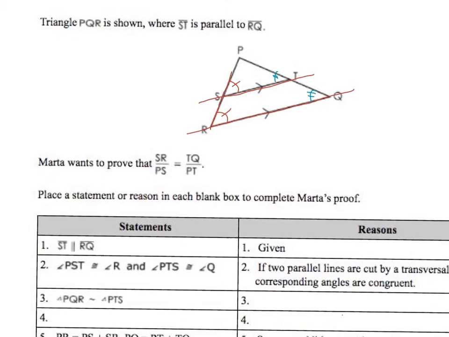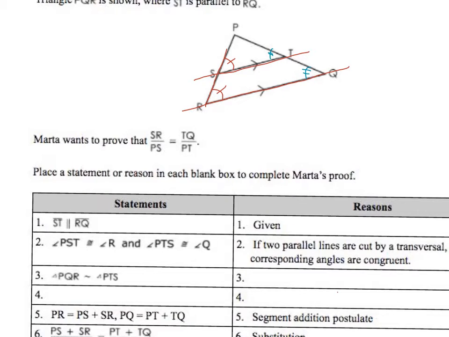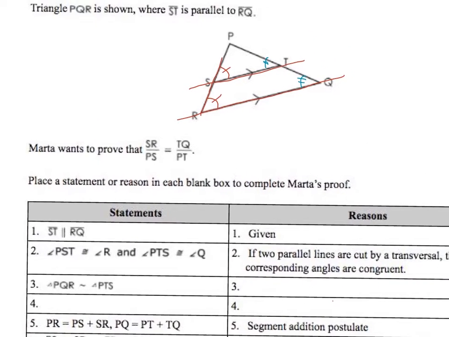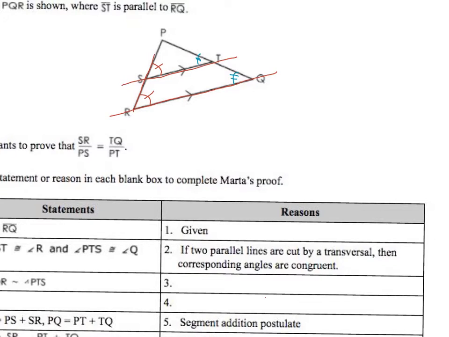That's fine. So what it's trying to say now is triangle PQR, which is the whole triangle. I'm just going to try to draw it here to the side. So PQR, this whole thing, and then it's talking about triangle PTS, which is the little guy up here.